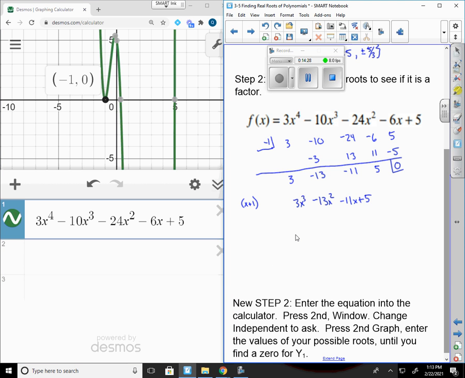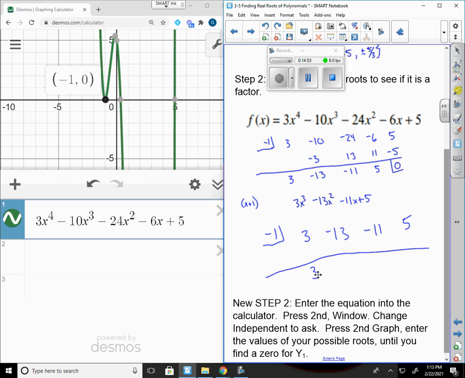So now I'm going to do this again, synthetic division, using the negative 1 and my new numbers from here. Because I don't know if I have multiplicity of 1 or of 2 or 4 or 6 or 8.